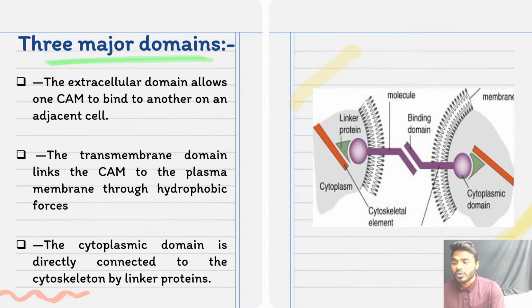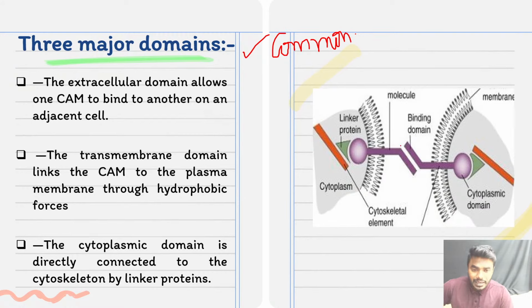So try to concentrate on the structure very clearly. Structure in the sense of structural properties, on which we can expect questions in the form of statements. Now all the students listen. There are three major domains, and friends, these three major domains are common for every single CAM molecule. Look into the picture very carefully. Listen to me. This is called a CAM molecule, right? What are the various types of domains that it has?